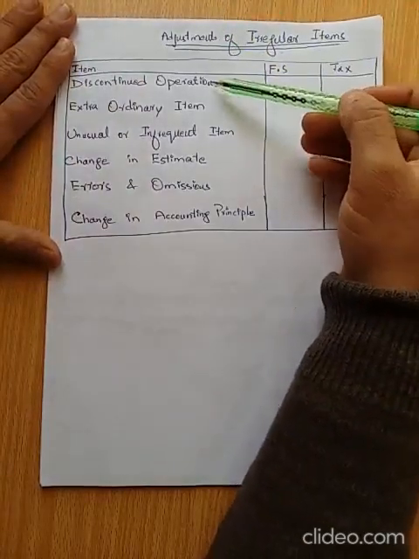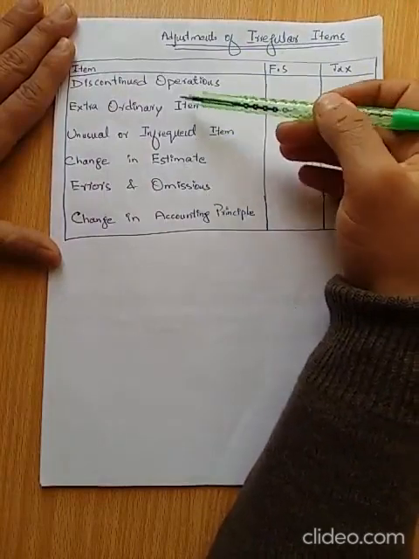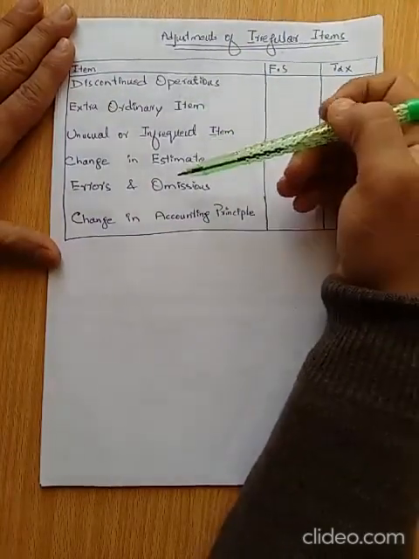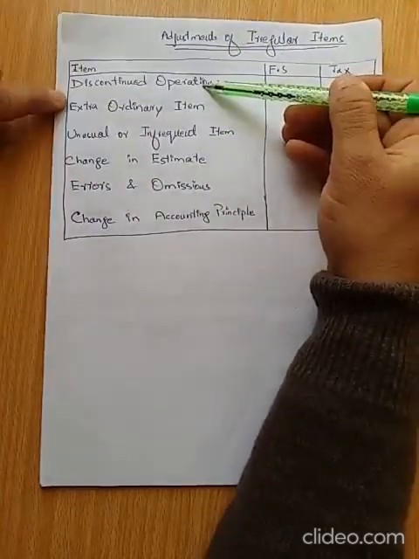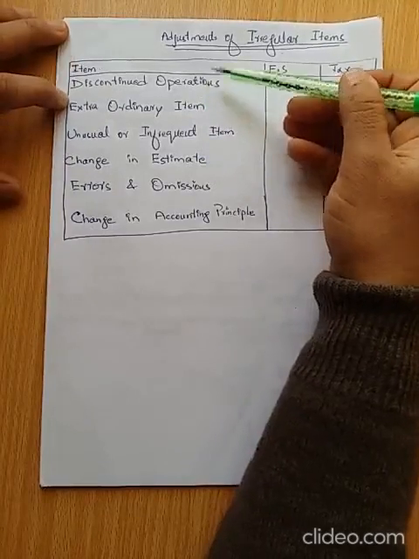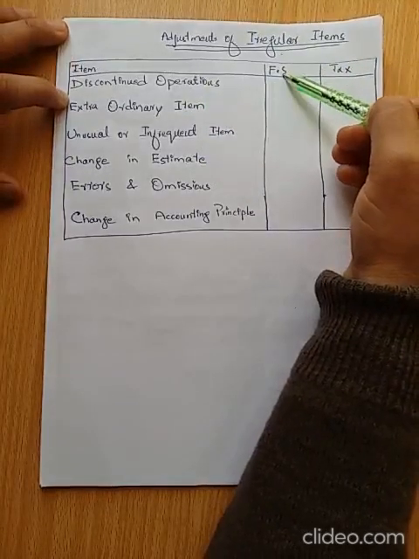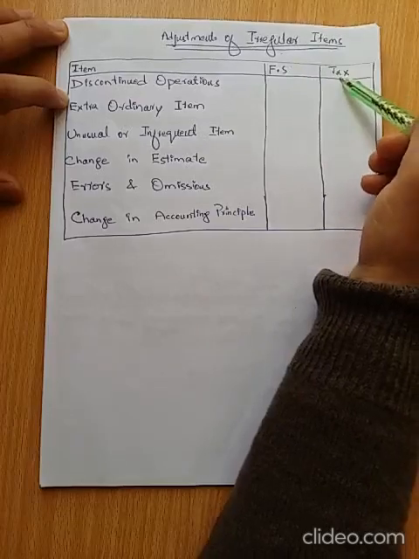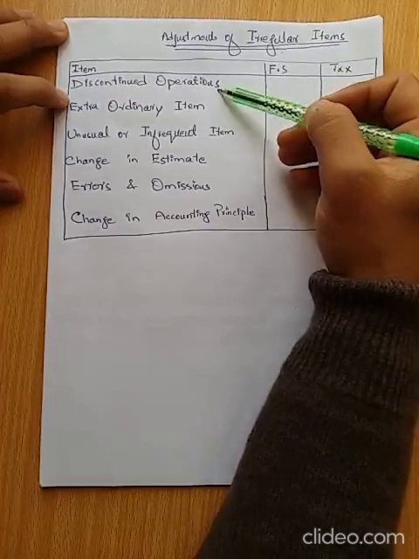As you know, we had 6 special income statement items, or irregular items. The first one is the discontinued operation. Here FS means financial statement, and tax means what the tax consideration would be with discontinued operations.